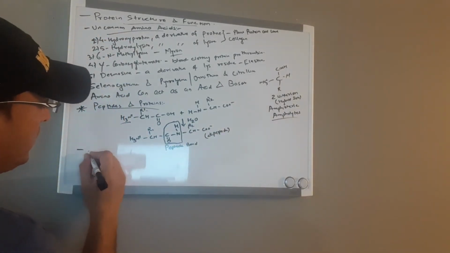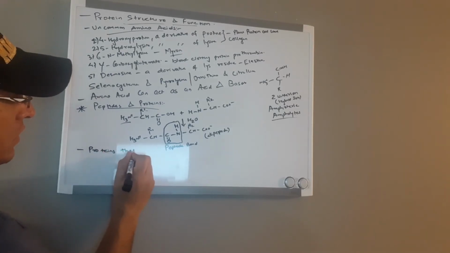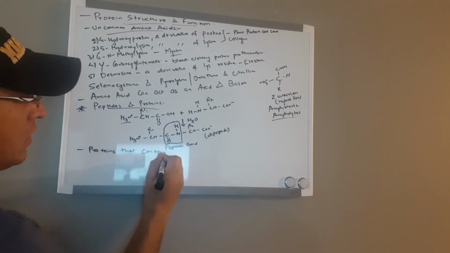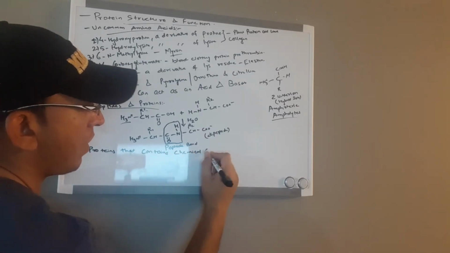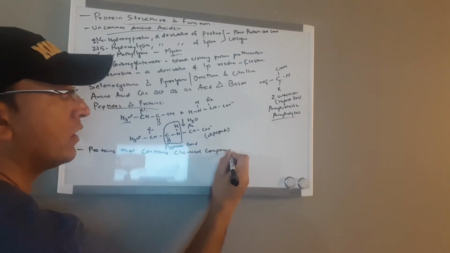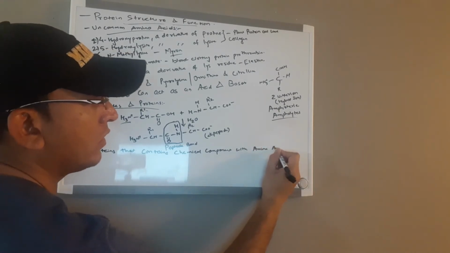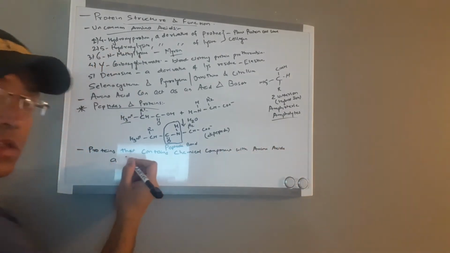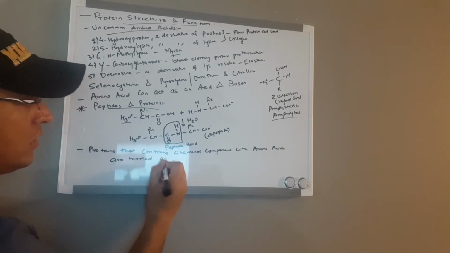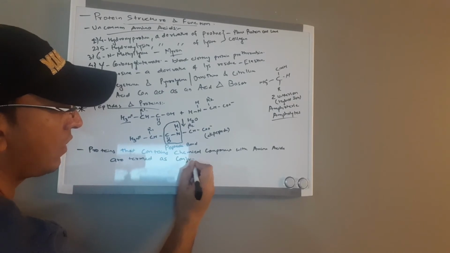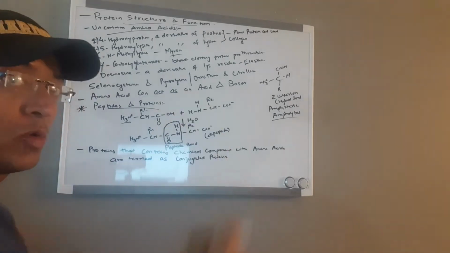All right. So I'll write it here: proteins that contain a chemical component with amino acids are termed conjugated proteins.